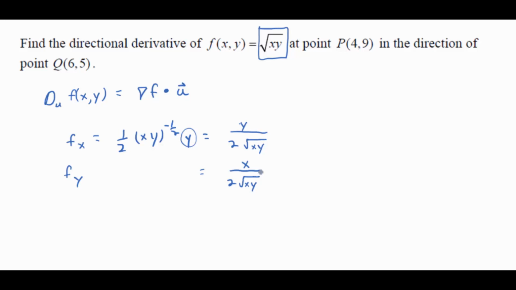And then del f would be the vector of partials: y over 2 square root of xy, x over 2 square root of xy. But where do we want del f at? 4, 9. So what do we get when we plug in 4 and 9 here?